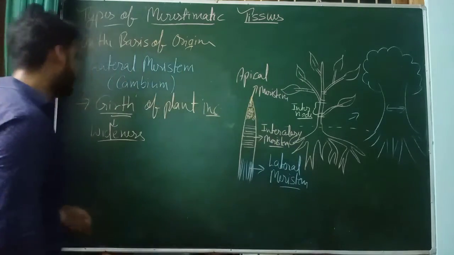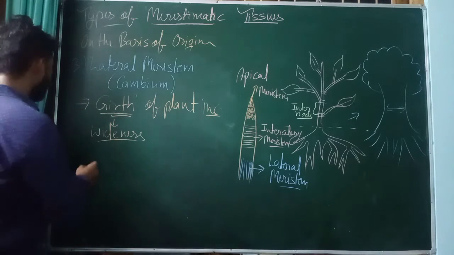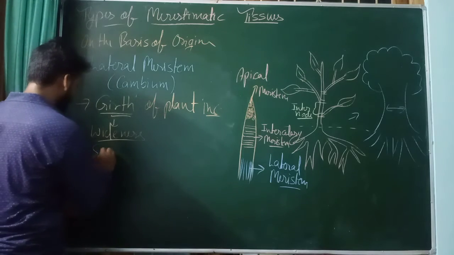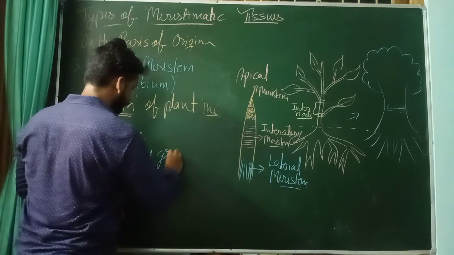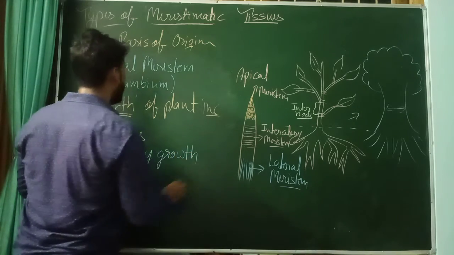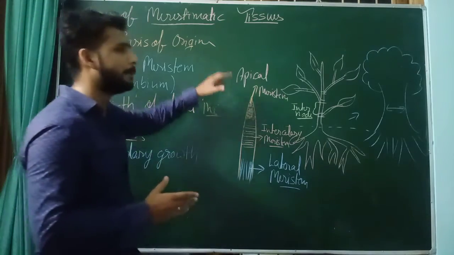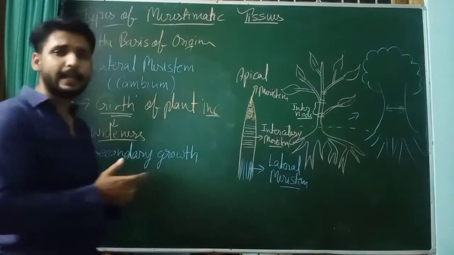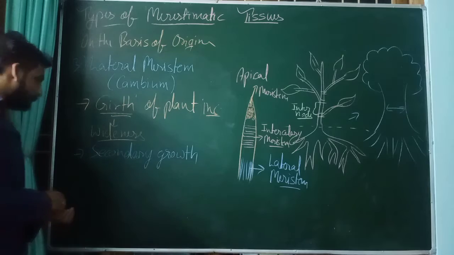If we are talking about the lateral meristem, it helps in increasing the secondary growth. Actually, length is the primary growth and width is the secondary growth, right? These are of two types.